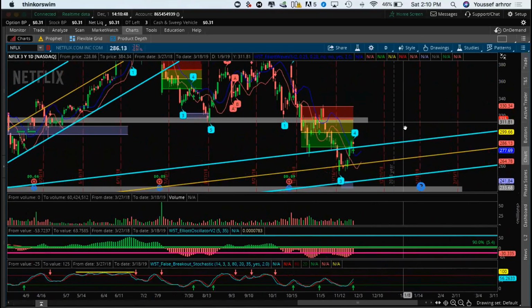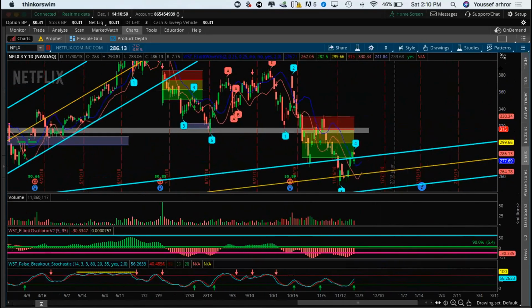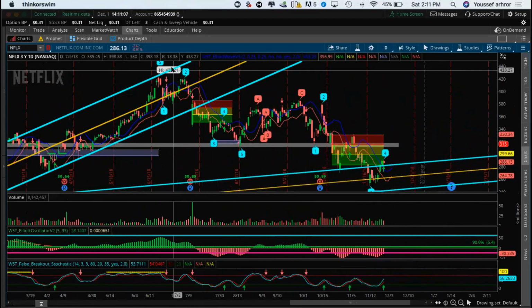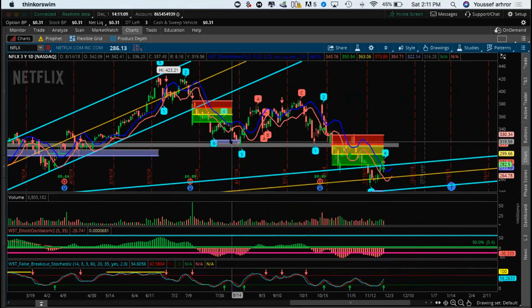So critical phase right now. We've had an ABC correction, okay? Roughly, that's the right measurements, but we need to do some more work on the indicator suite to make that a little bit purer. But you can see the ABC correction after that previous bullish trend as we broke out of that parabolic channel there. We had a little 1, 2, 3, 4, 5.